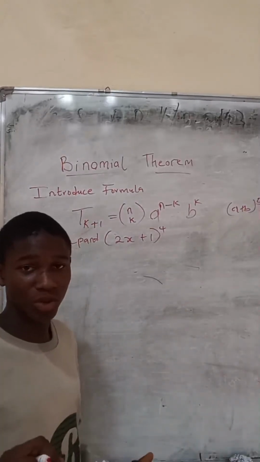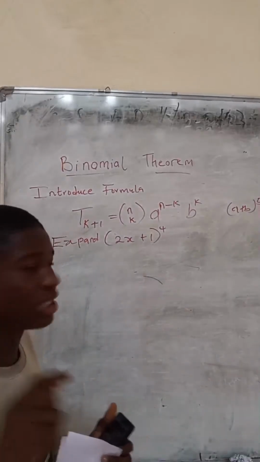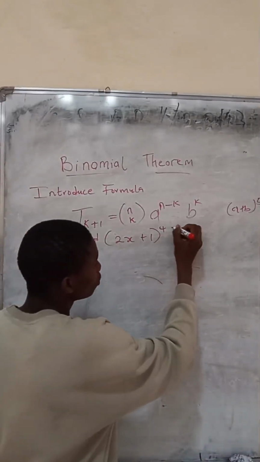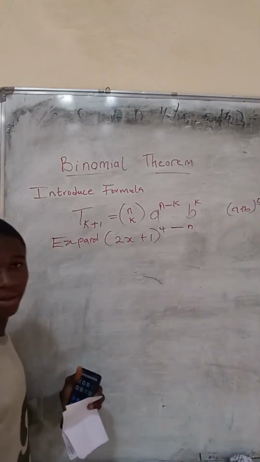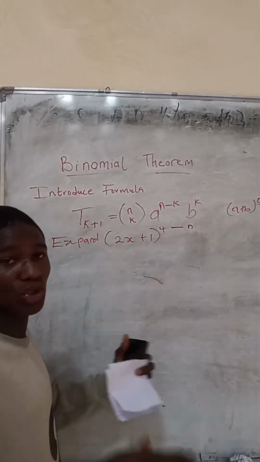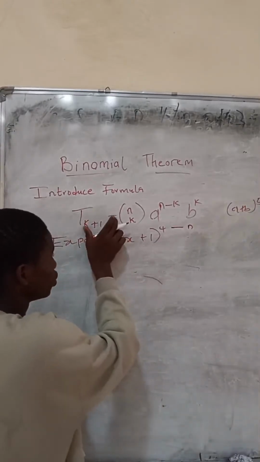Now let me teach you something really quick. Whenever you are expanding something of this sort, note that this 4 you see here, the power, is the one serving as your n. You understand? So now let's input this into the formula.